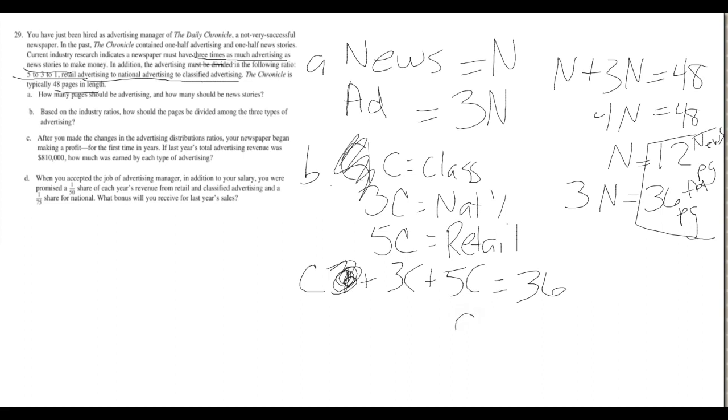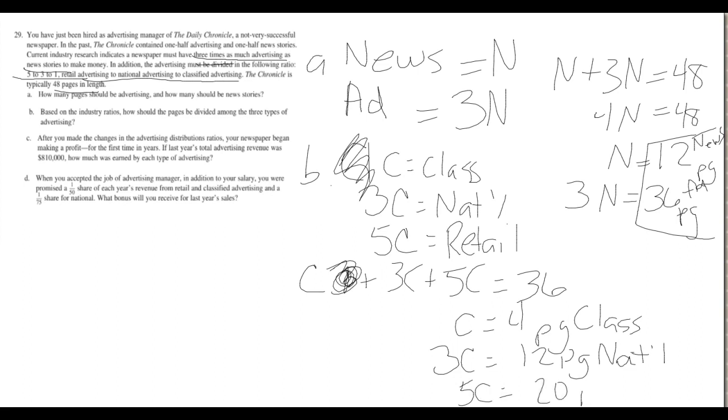So if you solve that, you get C equals 4 pages of classified, 3C is 12 pages of national, and 5C is 20 pages of retail.